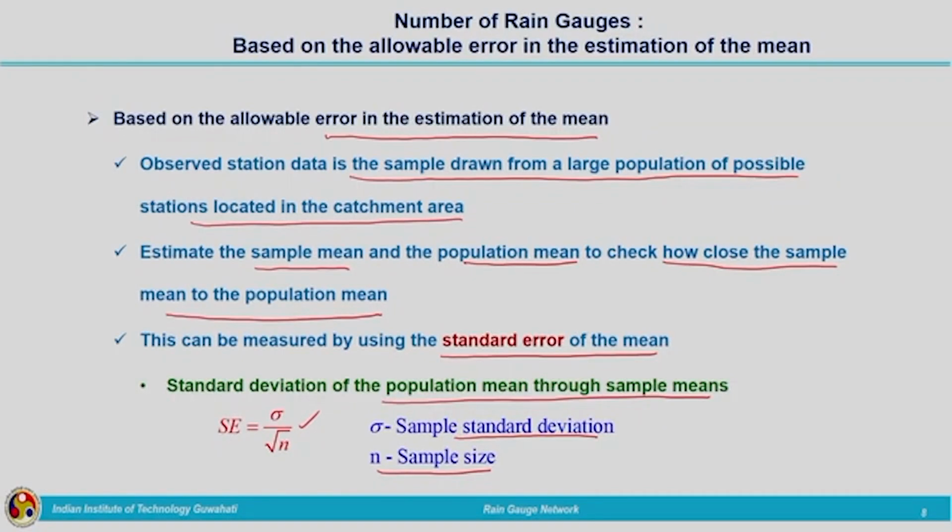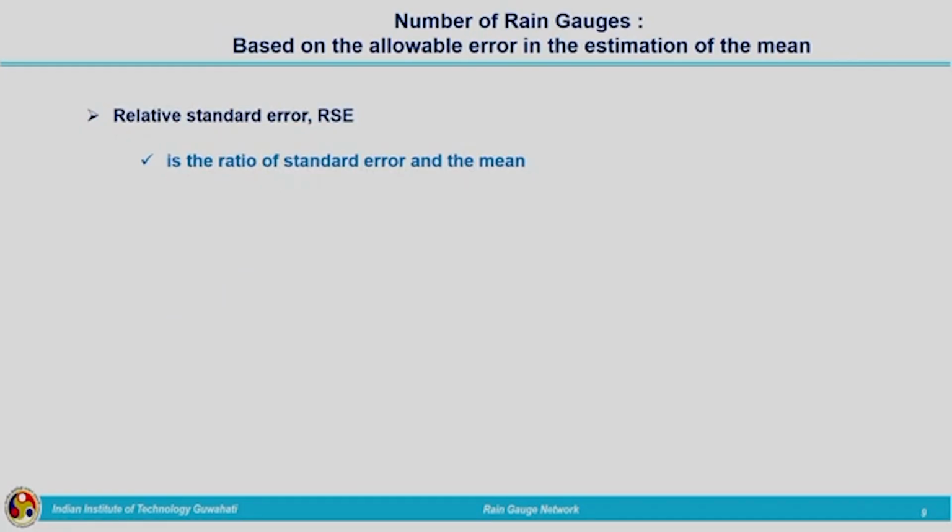Based on the data corresponding to a particular sample, we can calculate the standard deviation of those data points, and we can calculate the standard error by using sigma divided by root n. Now, another important term is the relative standard error, RSE. It is the ratio of the standard error and the mean.